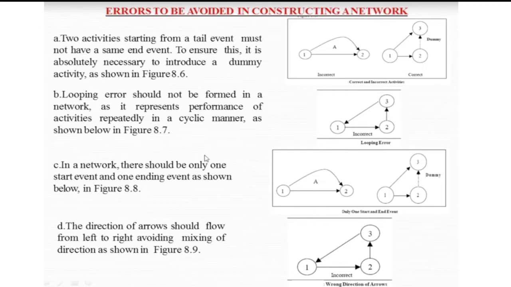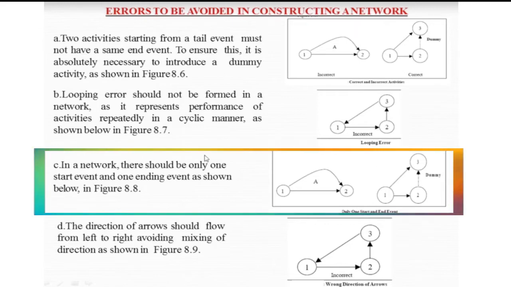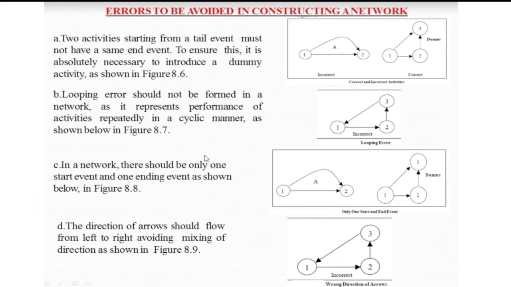Another thing is, in a network there should be only one start event and one ending event as shown below. So again, let us note that the start should be one event only and it should end on one event only.